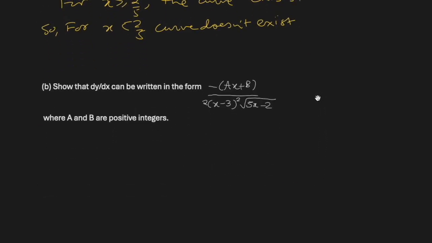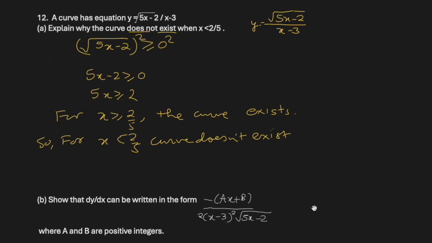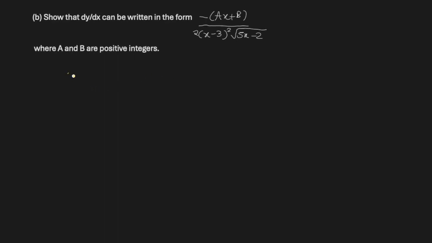Show that dy over dx can be written in this form. So we'll have to differentiate square root of 5x minus 2 over x minus 3, and we'll use the quotient rule.